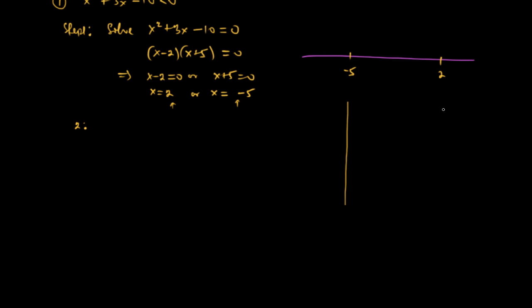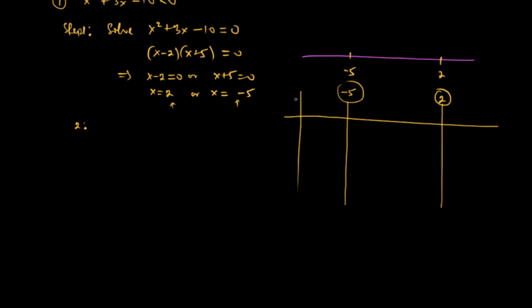This is negative 5, and this is 2, with a line between them. Then I'm going to draw another line here, which represents the end of the negative values, which I'm going to call negative infinity, and here is going to be positive infinity.